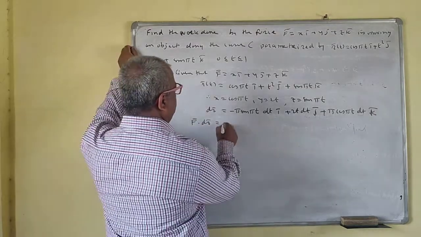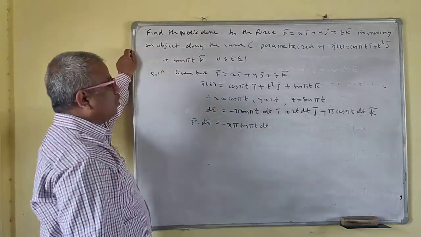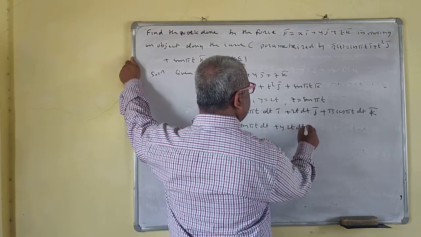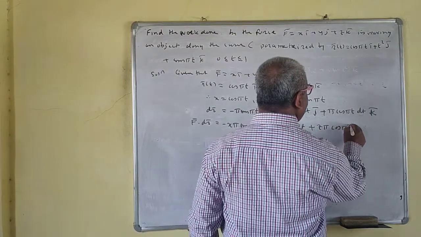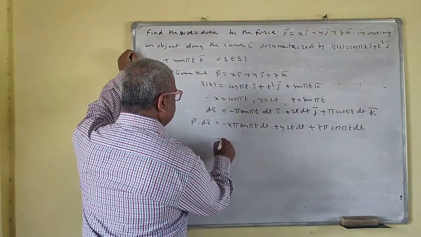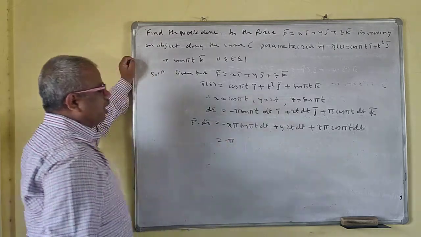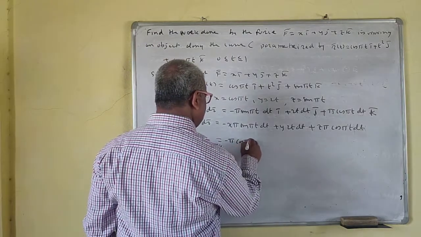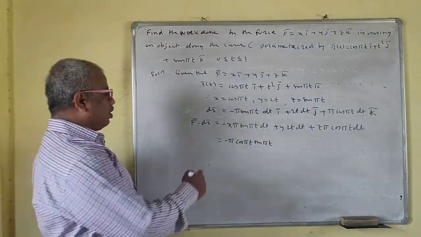So F bar dot dr bar is minus x pi sin pi t dt plus y 2t dt plus z pi cos pi t dt. We'll put the values of x, y, z and take dt common. So minus pi, x is cos pi t, sin pi t, written in bracket.